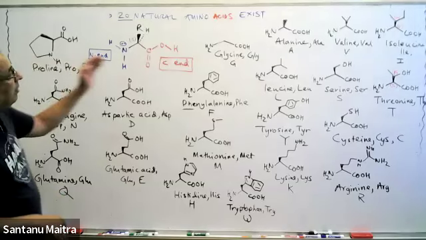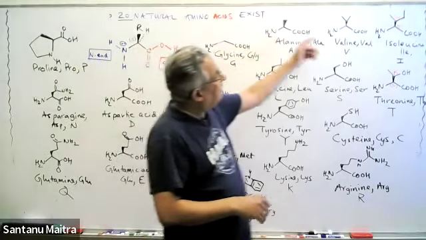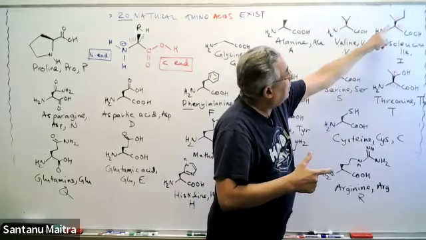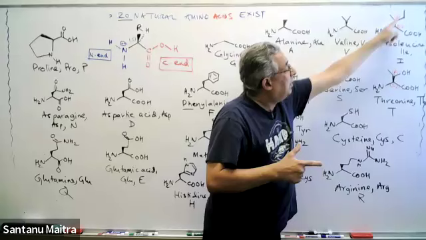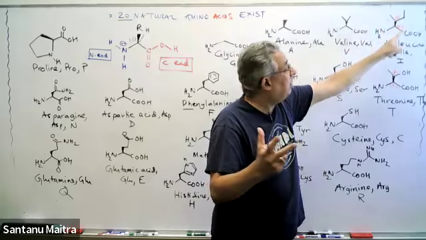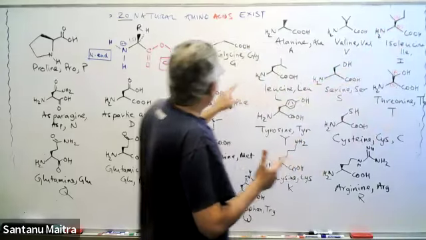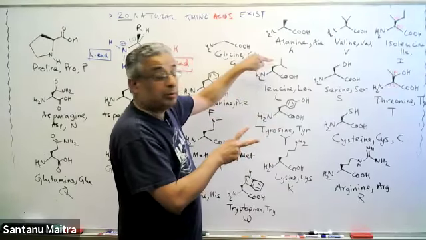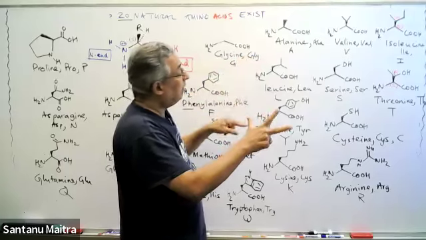Glycine, alanine, valine, isoleucine. It's got like a butyl group, sort of like a sec-butyl arrangement. This is leucine. That looks more like an isobutyl group. This is how the isobutyl group is.